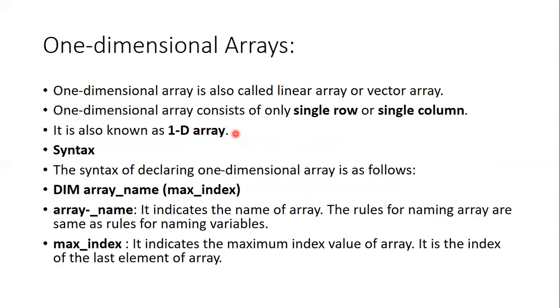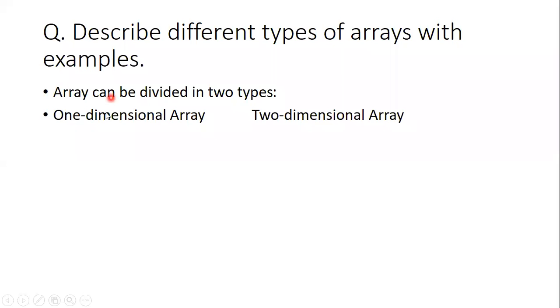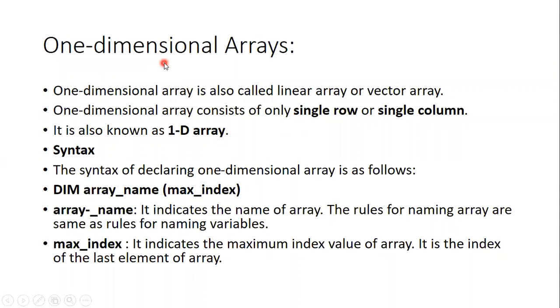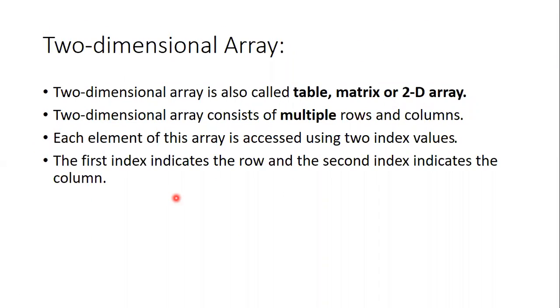There are mainly two types of arrays in BASIC language, and those are one-dimensional and two-dimensional. A one-dimensional array is also known as a 1D array, as it has only a single row or a single column. The syntax for declaring this type of array is written over here, as you can see. The other type of array is two-dimensional, also known as a table or a matrix, as it has multiple rows and columns.